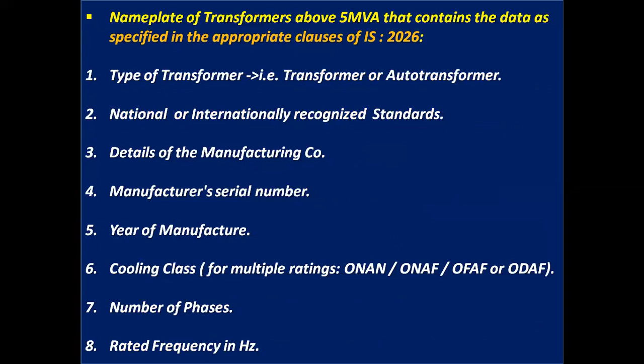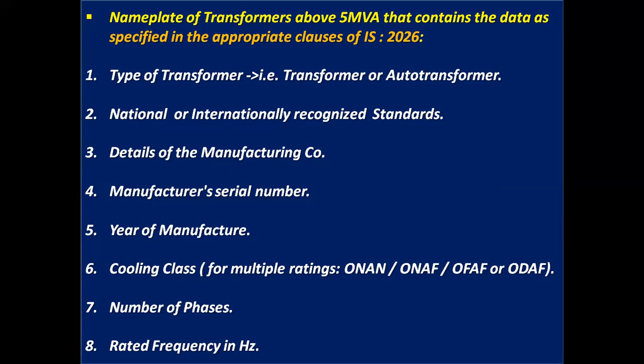Nameplate of transformers above 5 MVA contains the data as specified in the appropriate clause of IS 2026. Number 1, type of transformer, that is transformer or auto transformer. Number 2, national or internationally recognized standards.